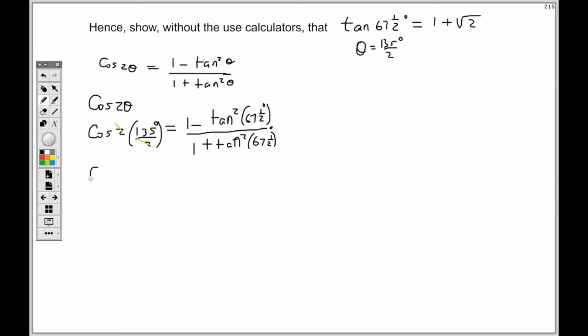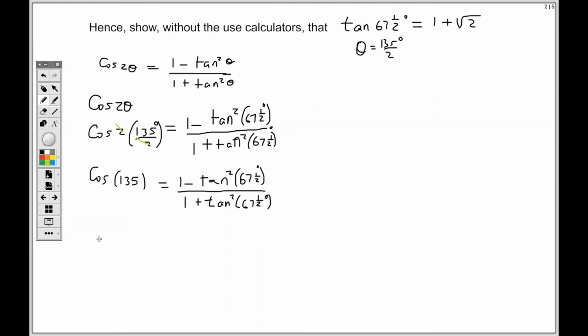So what I have here is just cos 135 is equal to 1 minus tan squared 67.5 degrees all over 1 plus tan squared 67.5 degrees.